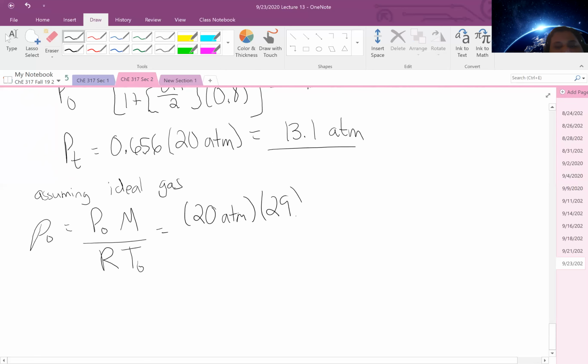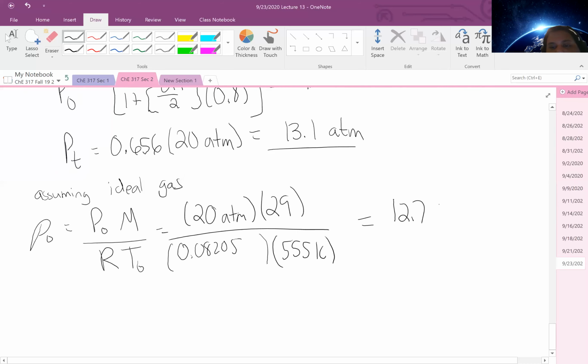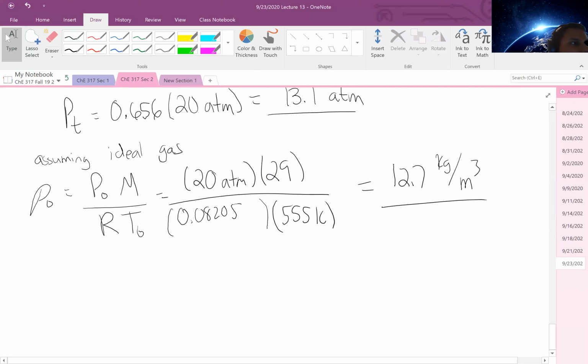Molecular weight of air is 29. The R we would probably use is 0.08205, and temperature 555 Kelvin. We do this and we get an initial density of 12.7 kilograms per cubic meter.